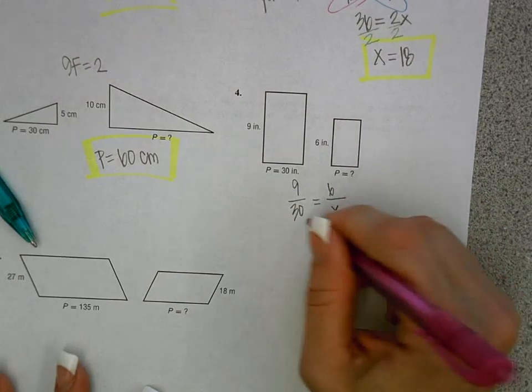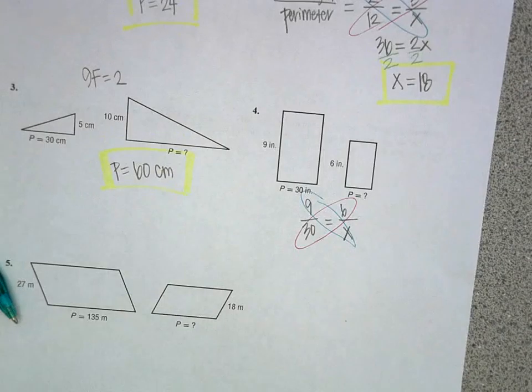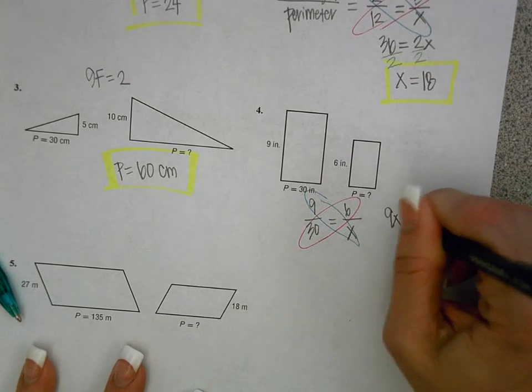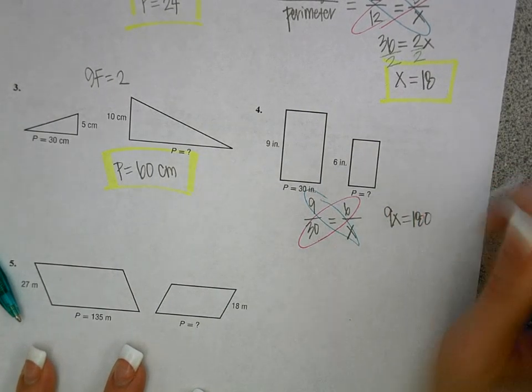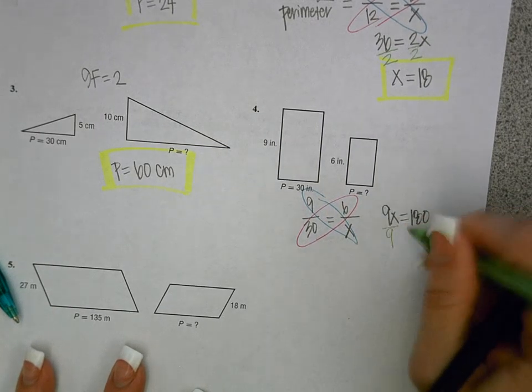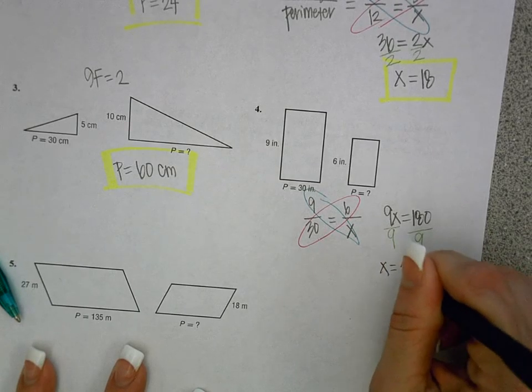Then cross multiply. If you cross multiply, we get 9x is equal to 180. Then what? You divide both sides by 9. And we should get x equals 20 inches.